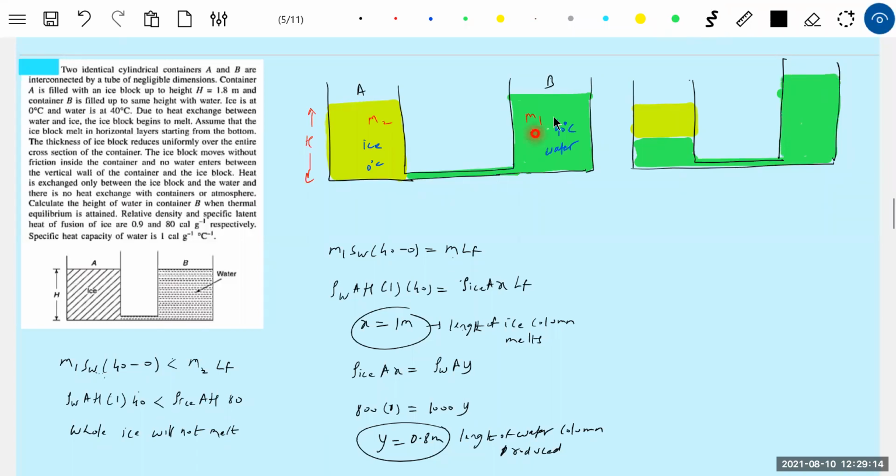Now what will the volume of water be? Earlier the volume of water was HA, now it will be HA plus YA. This value we know. Volume of water is H plus Y.